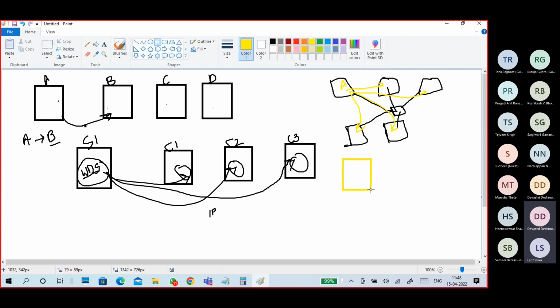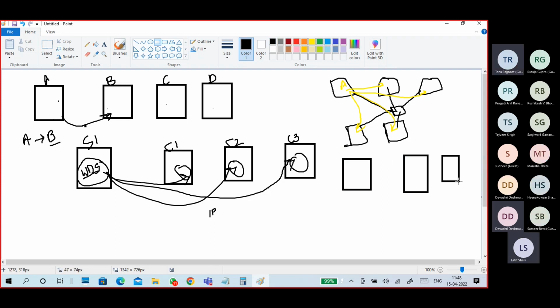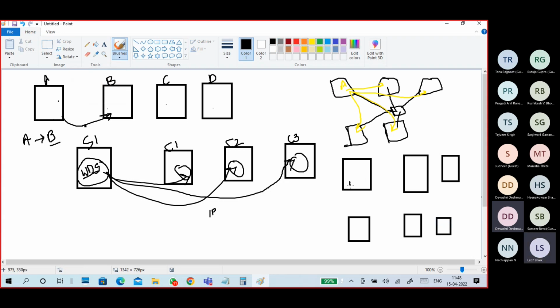Same thing only. You have computers and they are connected. Here it uses only IPv4. This one has IPv4 enabled and IPv6 also enabled. This is IPv6 enabled.